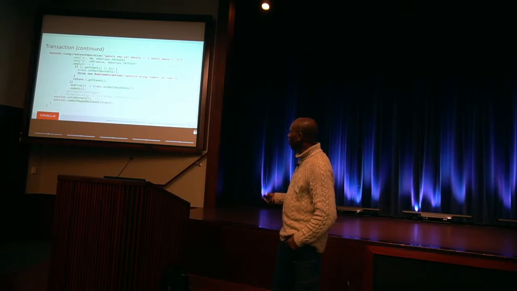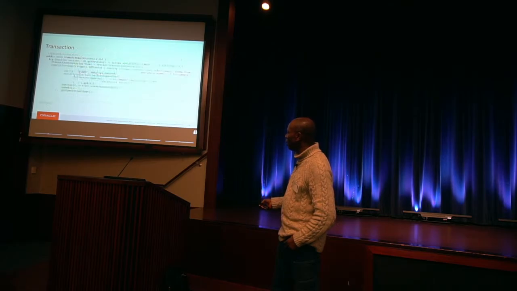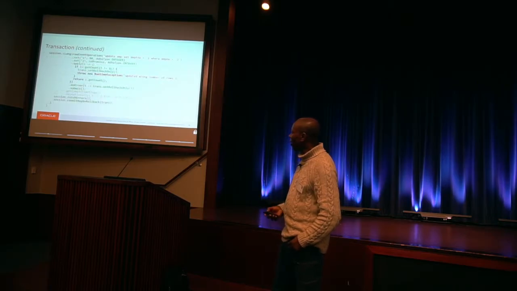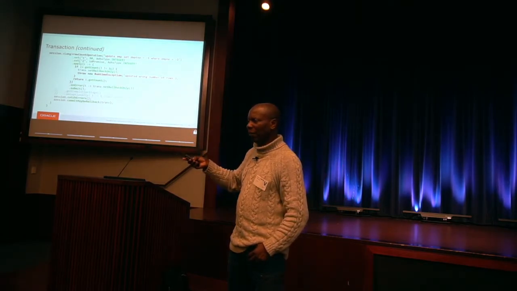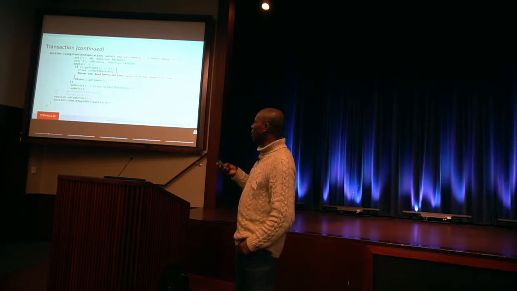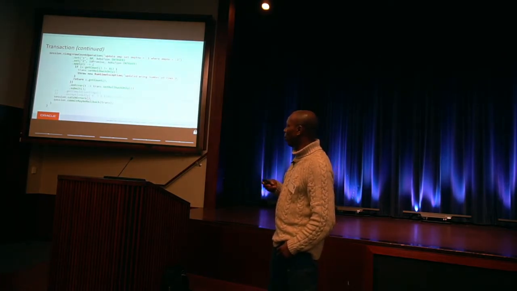So we set the value for the placeholder, the first one to 1, and the second parameter will have the value of ID promise. So ID promise is a completion stage. You see here? Which means this value will be set only when the query is completed. So the update will not happen before the query.